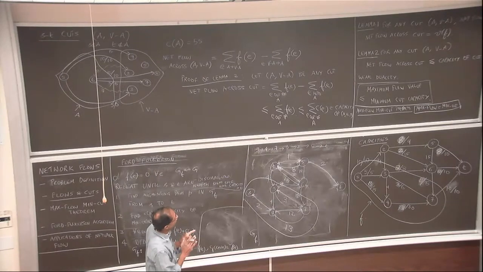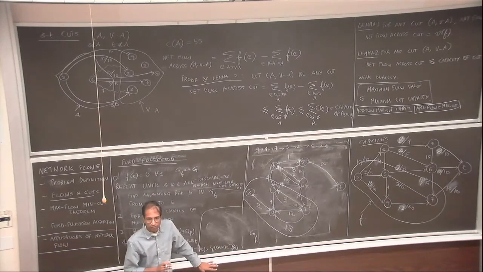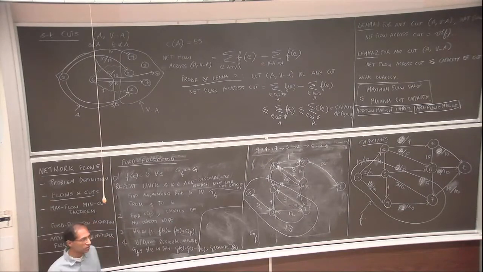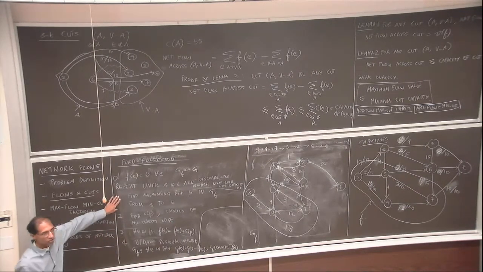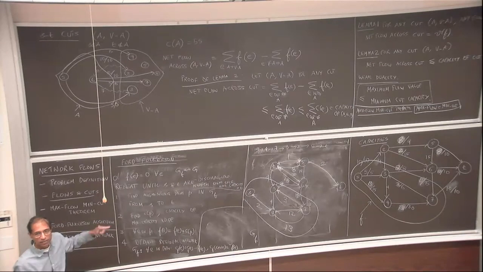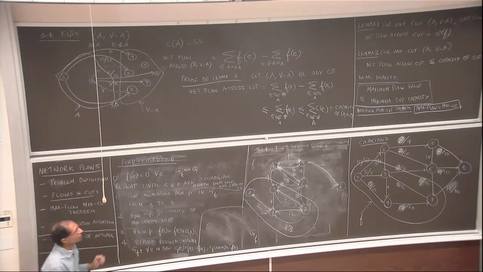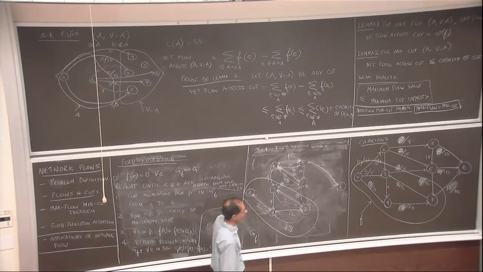Okay, we won't have time to go over the proof of the max-flow min-cut theorem, but is the whole process clear? The algorithm is literally this: you start with your original graph, find any path.